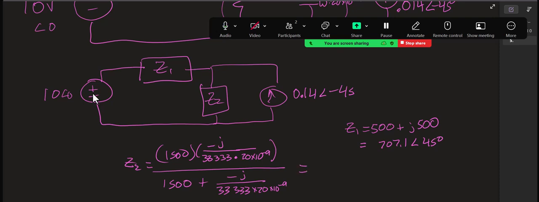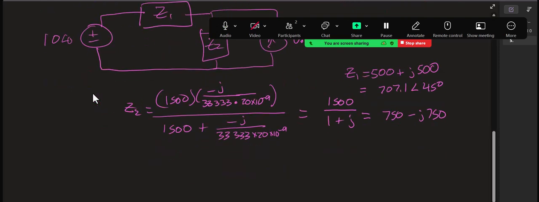And if you do all that, you get 1500 over 1 plus j, which ends up being 750 minus j750, which is 1060 angle negative 45 degrees.